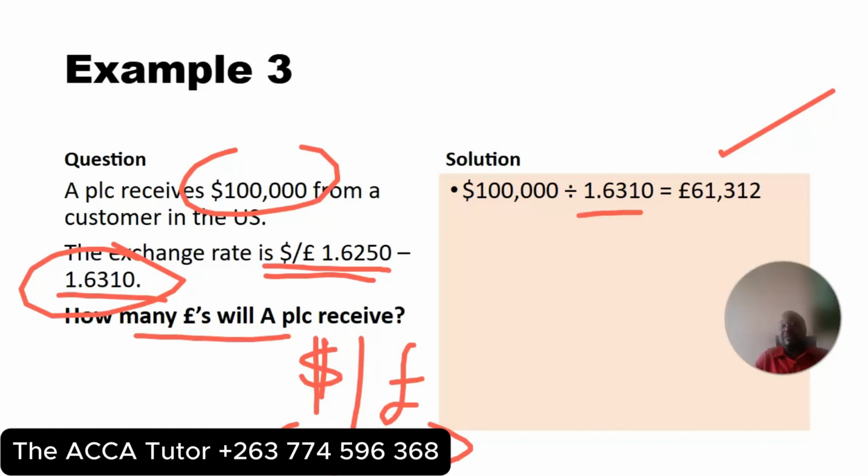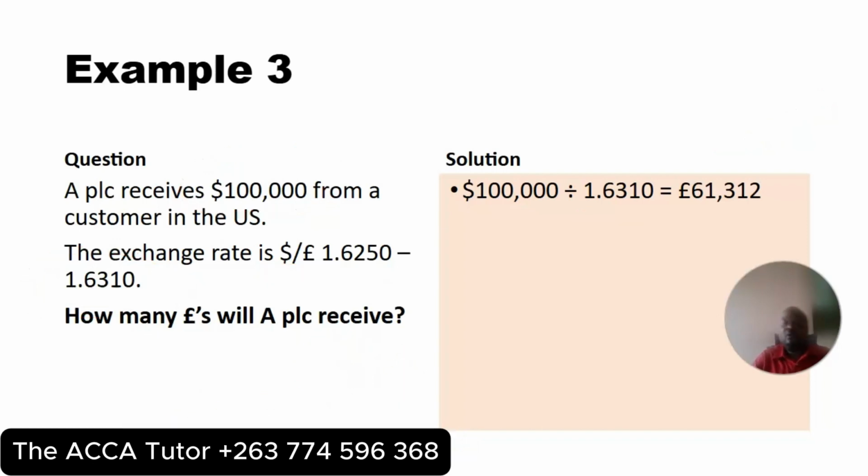So if it was a payment, let's say PLC was going to pay $100,000 to a US supplier. Let's say this time they wanted to pay, so we can use the same rules. Let us do that out of interest and see if we can come up with something meaningful, right?